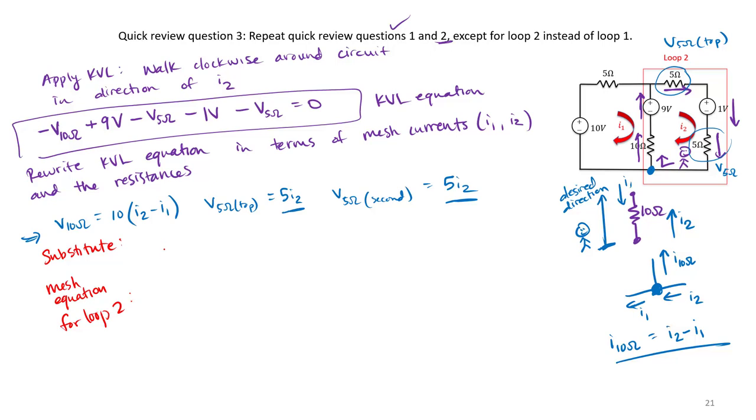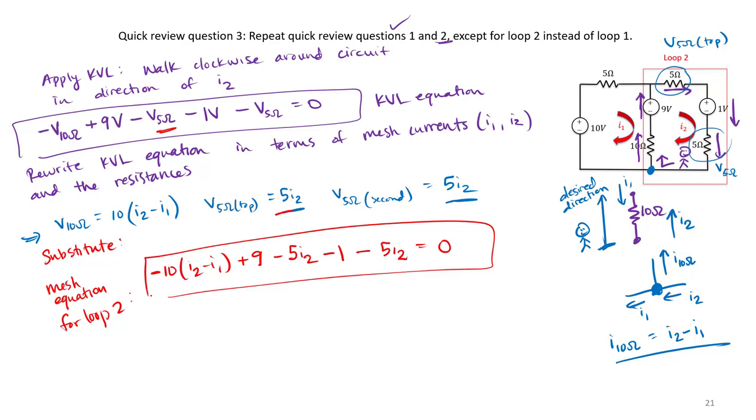We determine that we have minus 10 ohms times I2 minus I1, plus 9 volts, minus 5 ohms times I2, minus 1, minus 5 ohms, which is another minus 5I2.